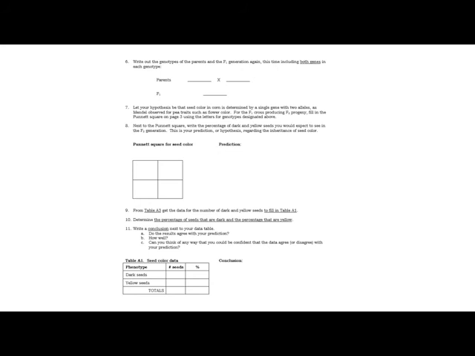Then I would say, how well did it agree or disagree? I predicted I'd only have 50% dark, but 75% of my seeds were dark, a difference of 25%. And then C, can you think of any ways that you can improve how your prediction from your Punnett square matched up with your actual results from counting those corn seeds?